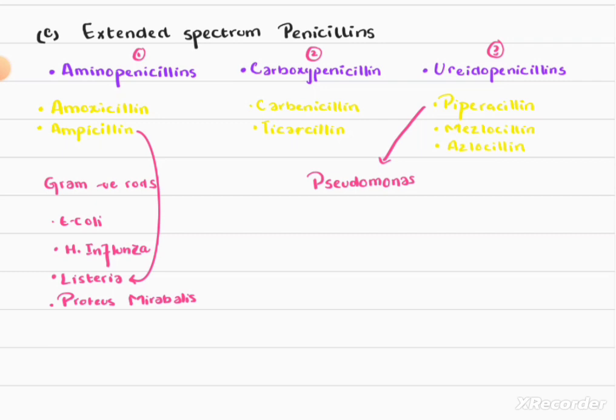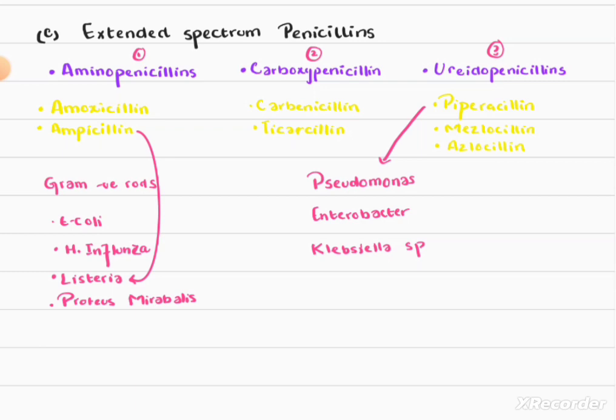It is also active against Enterobacter, another gram-negative rod responsible for a lot of infections in humans. It also has activity against Klebsiella, which is notorious for causing pneumonia and urinary tract infections in human beings. Most drugs in this subgroup have synergistic action with the aminoglycosides.